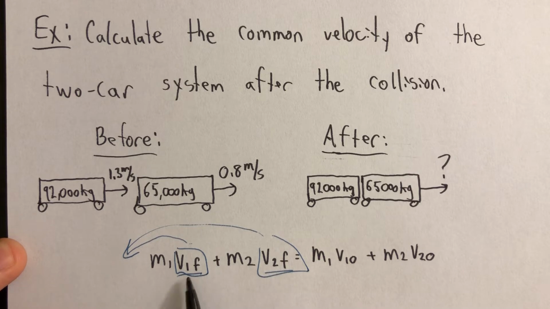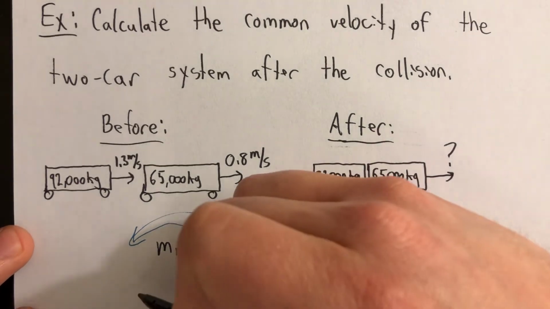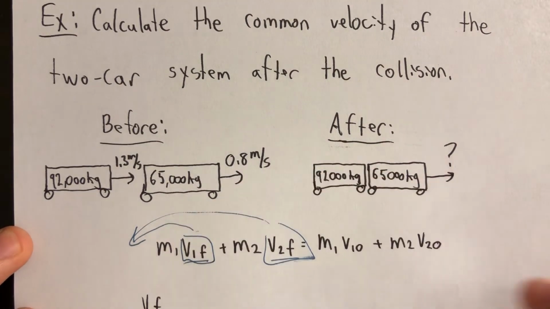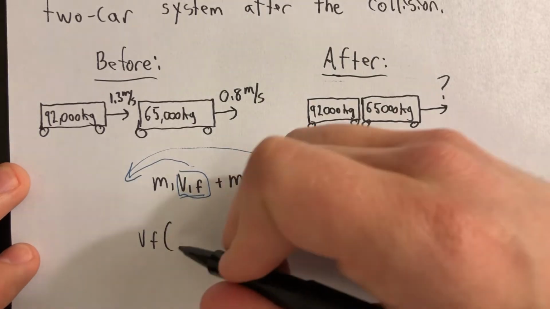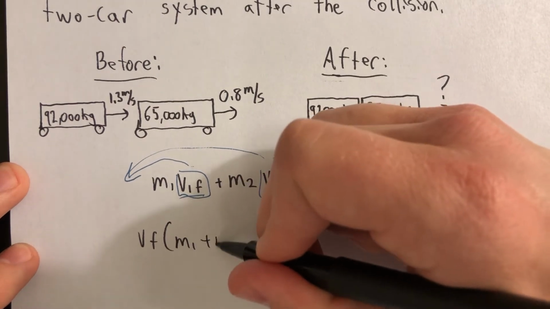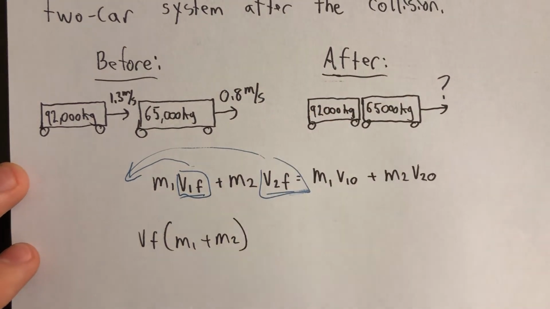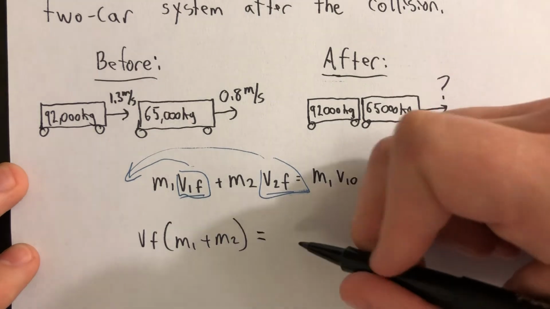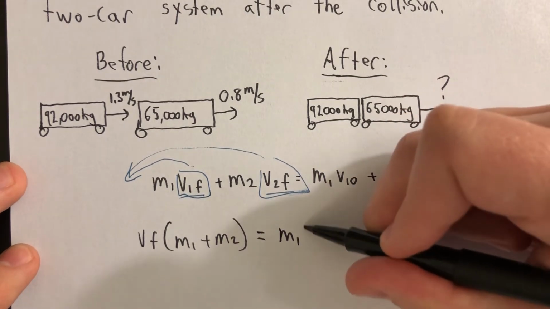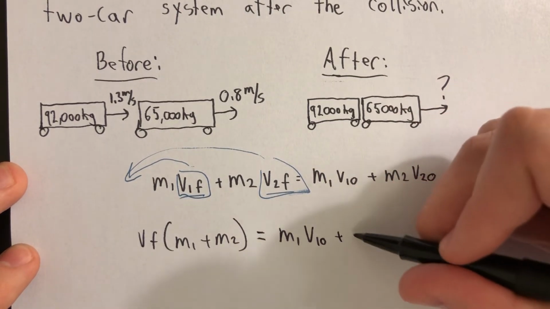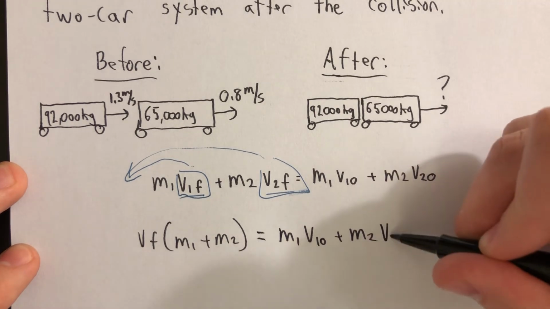We don't need to differentiate between v1 and v2 because the carts now have the same velocity. So we'll just call it final velocity. So vf times (m1 plus m2), and we'll just write down the rest of it: m1 v1 initial plus m2 v2 initial.